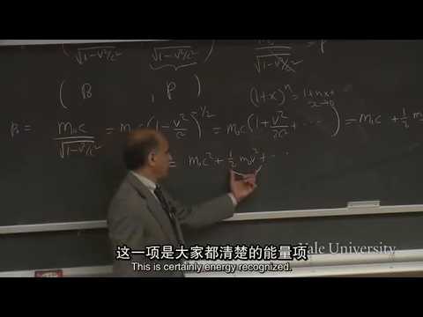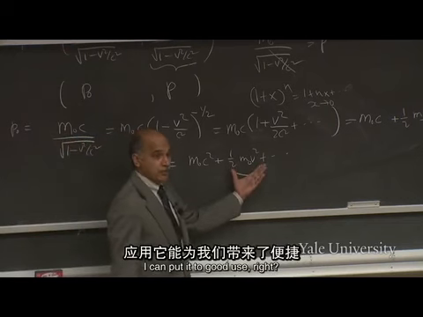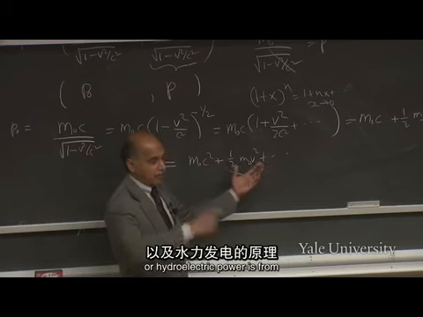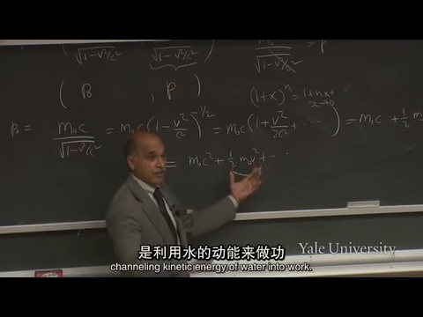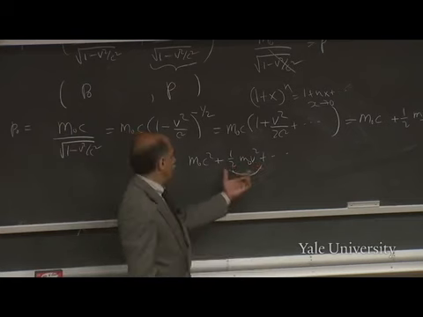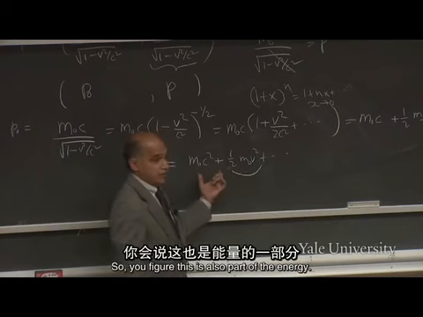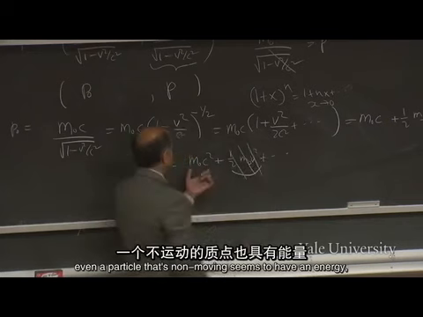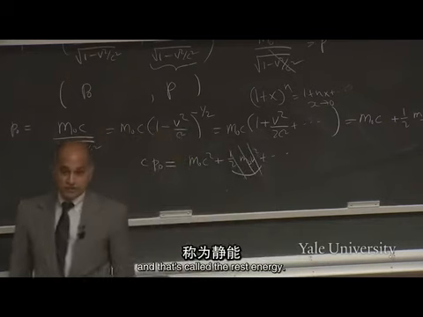This is certainly energy I recognize. I can put it to good use, right? You run windmills and so on with kinetic energy. Or hydroelectric power is from churning kinetic energy of water into work. So you figure this is also part of the energy. So the first conclusion of Einstein was even a particle that's not moving seems to have an energy, and that's called the rest energy.